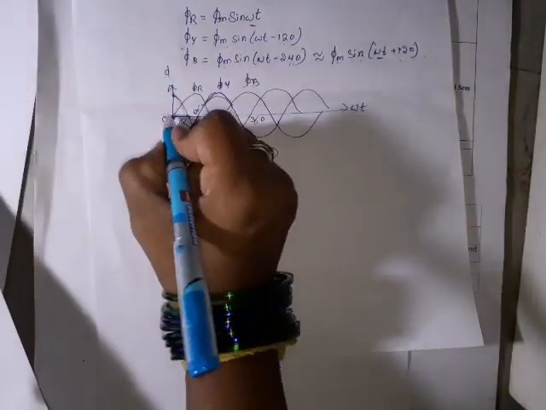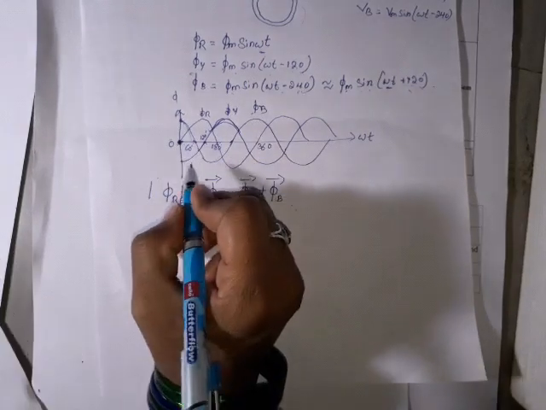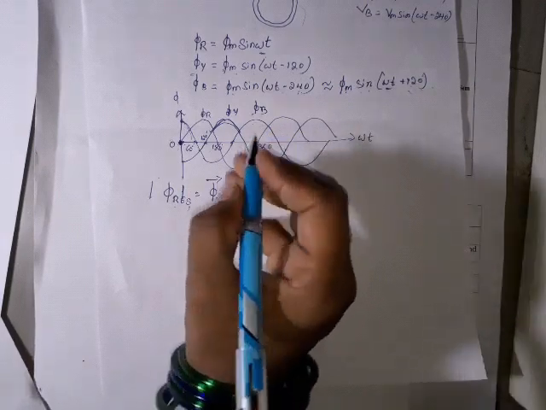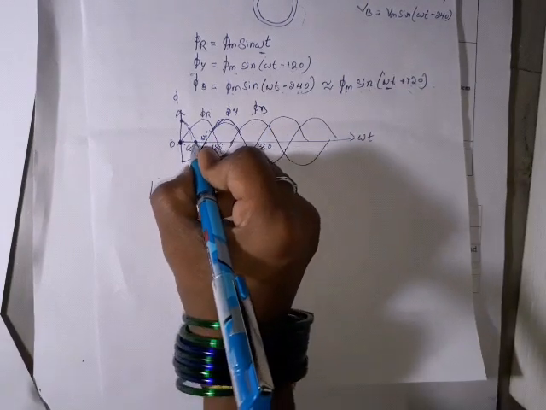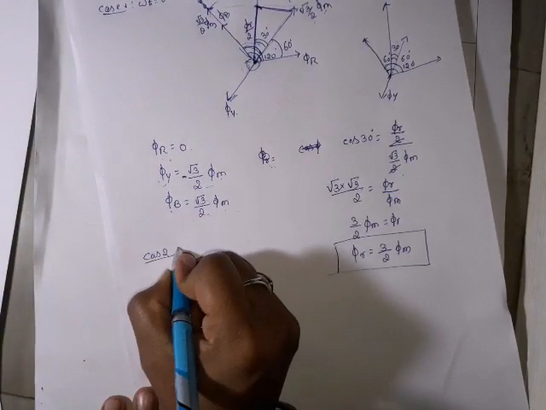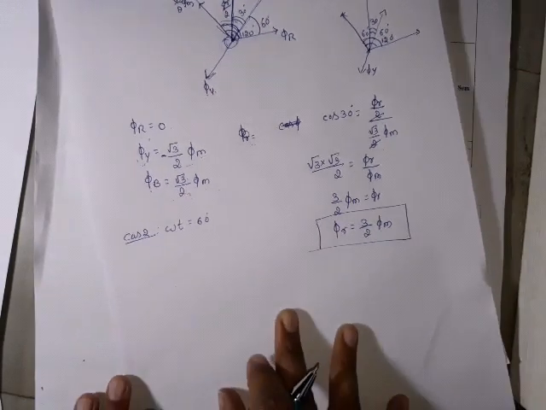Means we have found out the magnitude of flux at this point. And we have to check whether it will be equal at each point or not. Let us see. We'll take at this angle 60 degree. Case 2, omega t is equal to 60 degree.